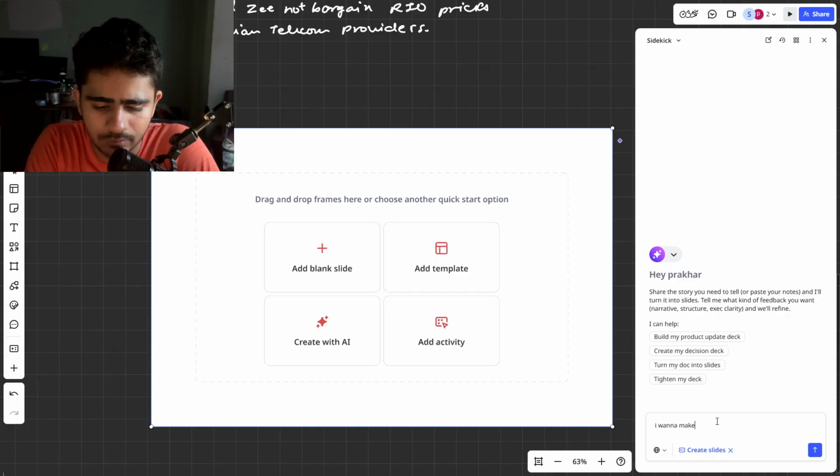I want to make a case study on Zee and FIFA, as I'm trying this feature for the very first time actually. As Zee has purchased FIFA World Cup broadcasting rights for India.